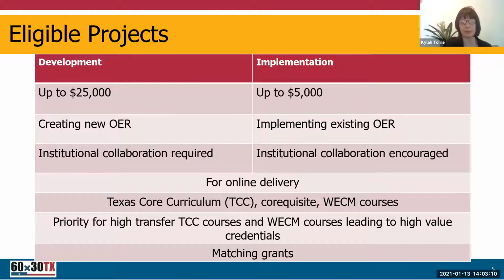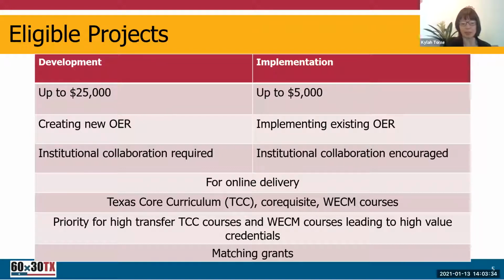Or you can create a consortium of institutions where each institution is fulfilling the terms of the RFA and working together to do so. The other type of grant is implementation grants, and these are up to $5,000 for implementing existing OER in courses. We encourage institutional collaboration for these grants, but it's not required.